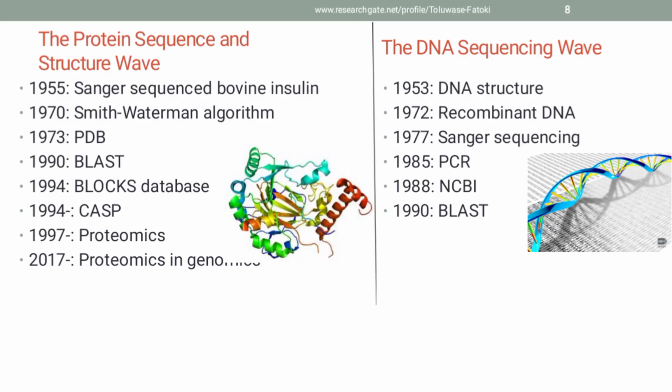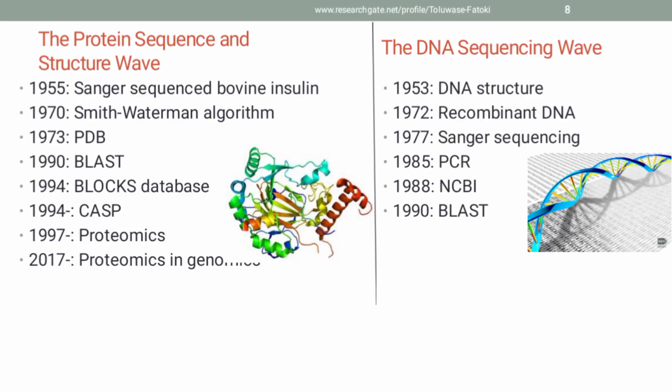Then in 1970, Smith and Waterman, two scientists, developed an algorithm that can be used to align sequences of proteins. Then in 1973, the PDB, that is the Protein Data Bank, was developed and launched. Then in 1990, BLAST, which is the Basic Local Alignment Search Tool, was also developed.